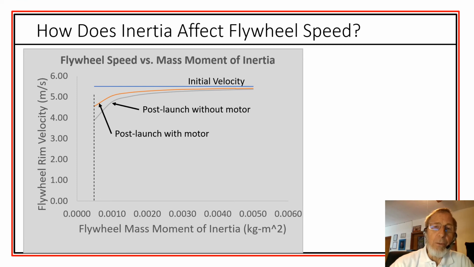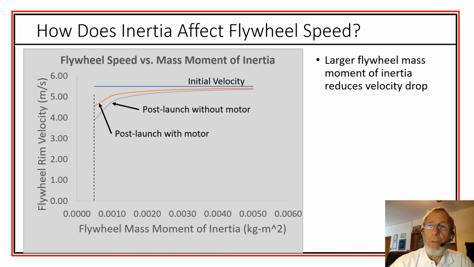But as we increase that mass moment of inertia, moving to the right, we see that the drop in velocity becomes less and less. So it tells us that the flywheel mass moment of inertia does affect how much velocity change occurs in the flywheel. And it would also affect how long it took to recover.